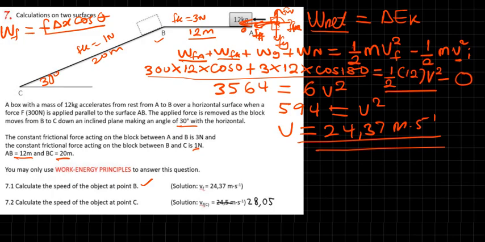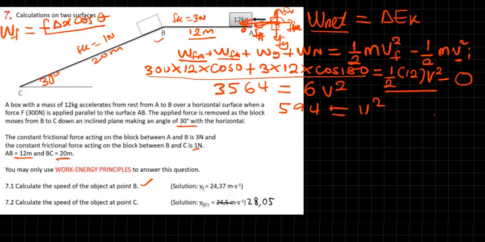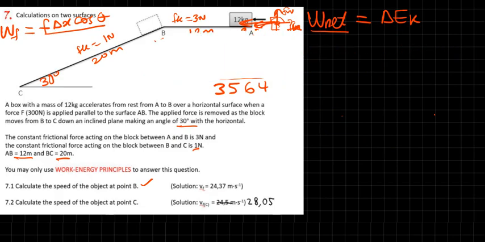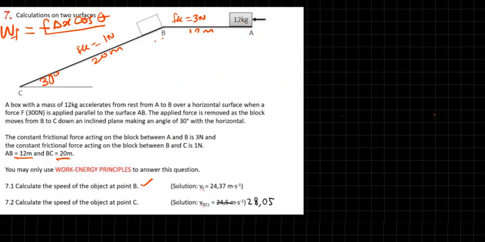Now the second question is, calculate the speed of the object at point C, when the object reached point C. Now to do the free body diagram on point C, when the object reached that point, the applied force was removed.